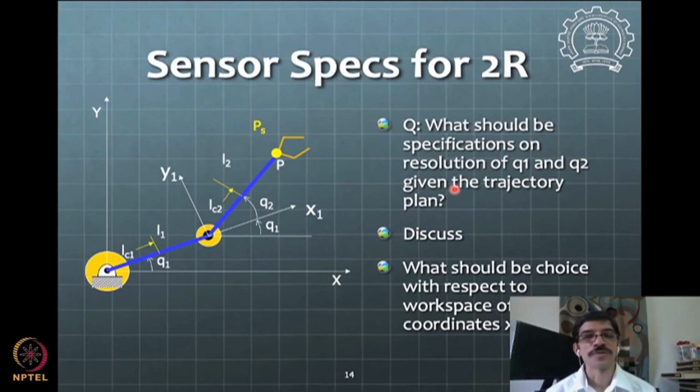One can also see that if I choose this PS coordinate starting point at some different location, say closer to the origin or this motor, then the range of motion that we'll get for Q1 and Q2 will be different from if I start from some other point.